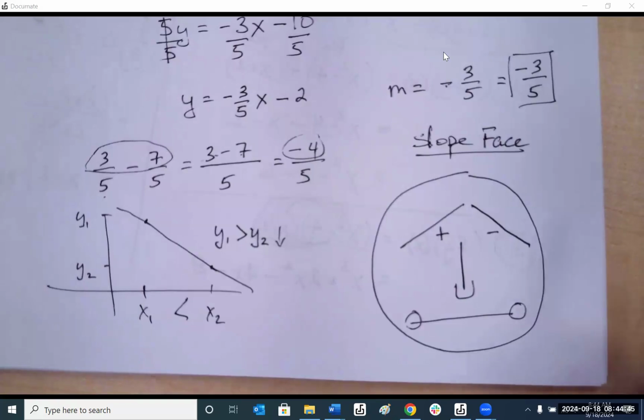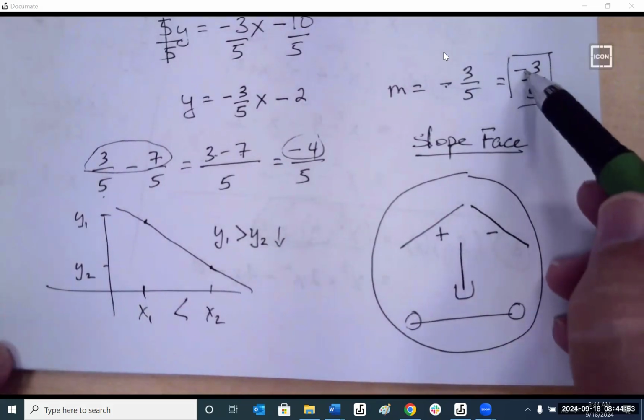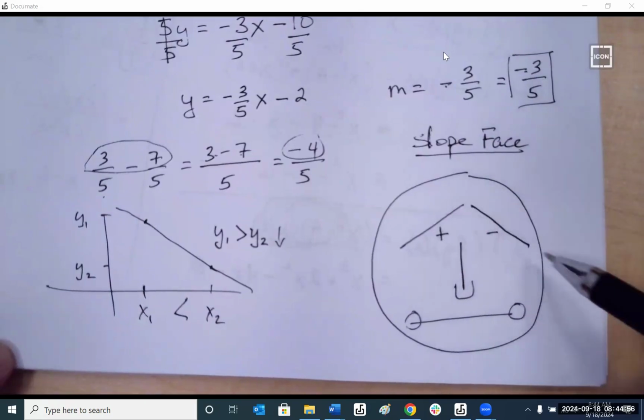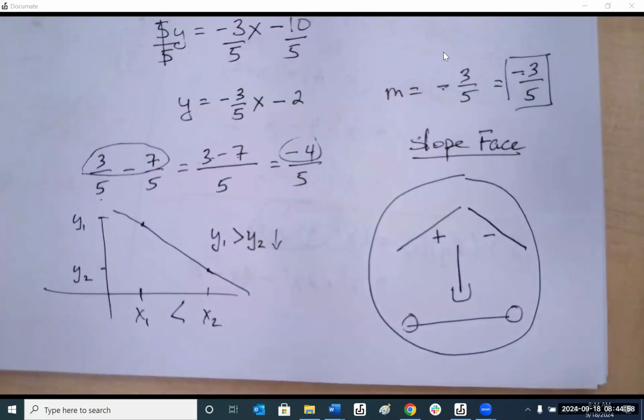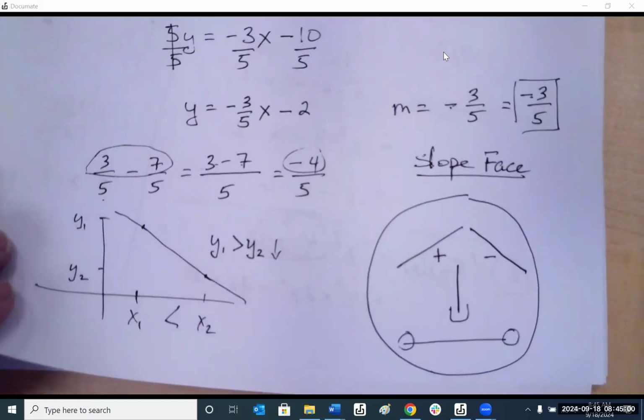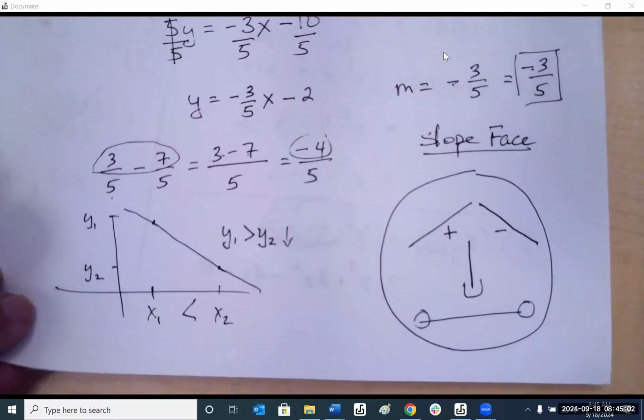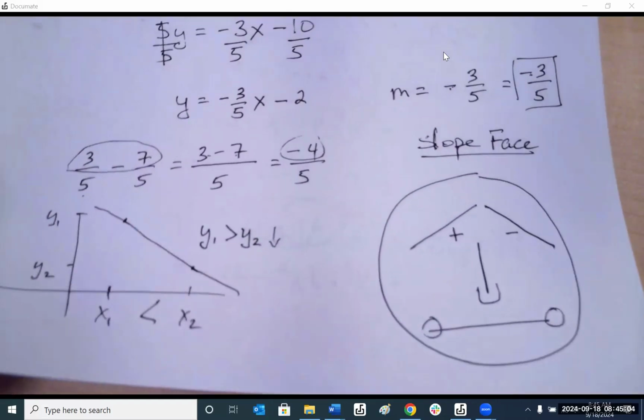But slope face, when people take tests on this chapter, they create the slope face, and then I have to think about it. If I give you a negative slope, you know it's looking like this. It's going down. But what equation did we use to find a slope of a line?